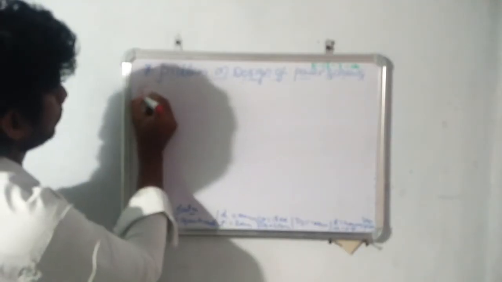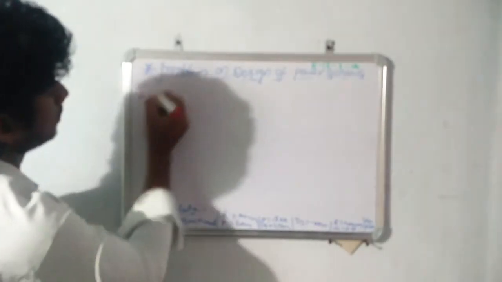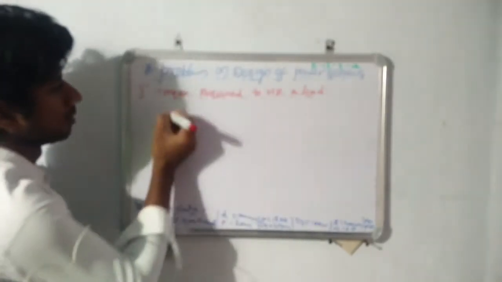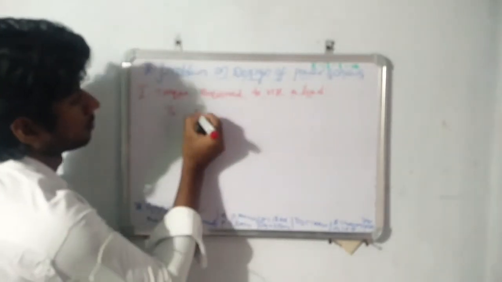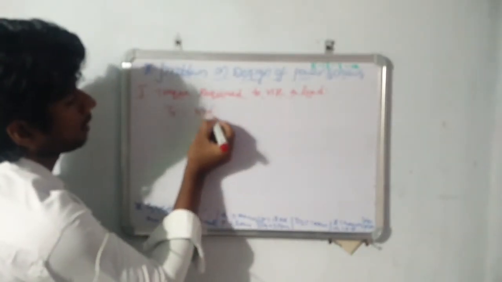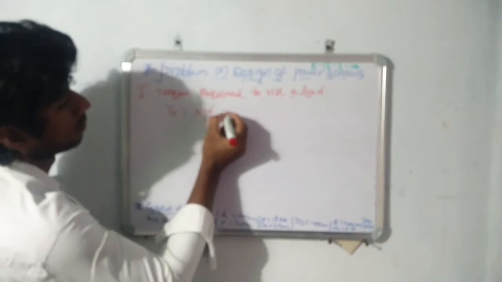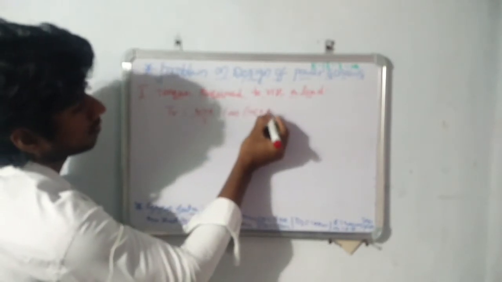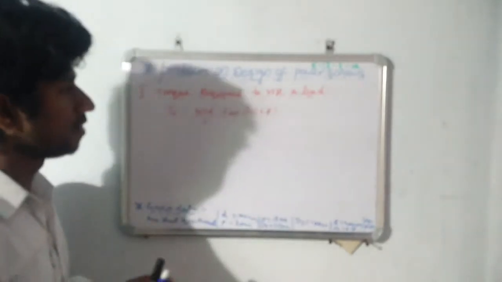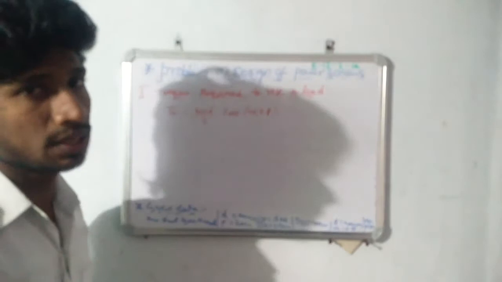This is the first step in the design of power screw: torque required to raise a load. It is denoted by TR, that is equal to W into d by 2 into tan of alpha plus phi. So it is the equation to find the torque required to raise a load.